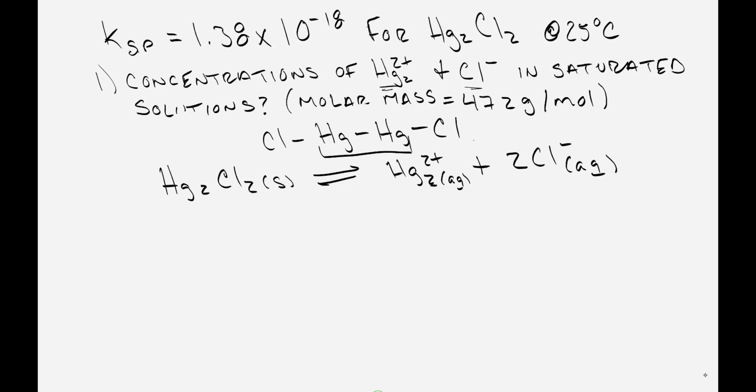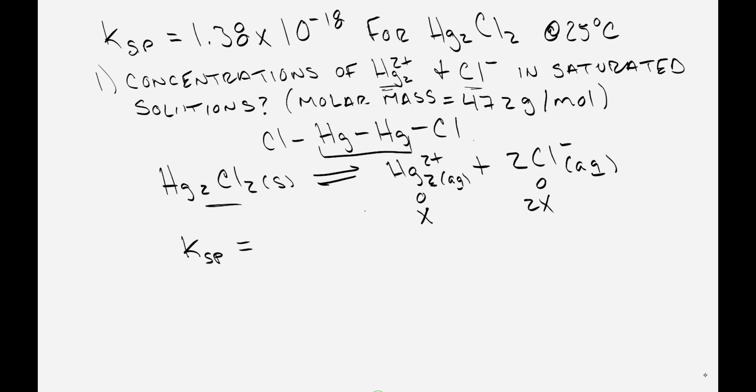Now let's do our little mini ice table. So we're going to start with 0 here, and we're going to gain some amount x and some amount 2x because of the coefficient of 2. Now let's go ahead and write out our Ksp expression. Now remember, unlike our equilibrium constant expressions, this does not include the solid piece. That stays out.